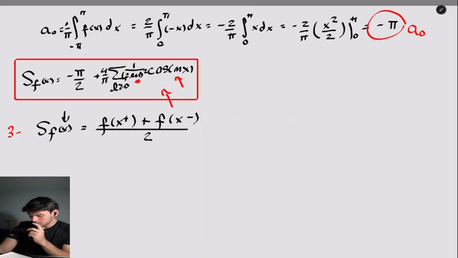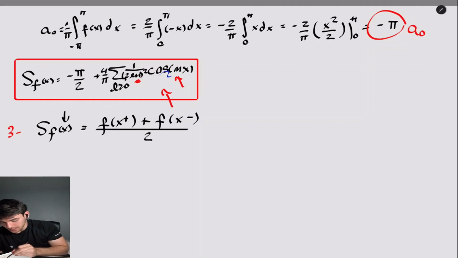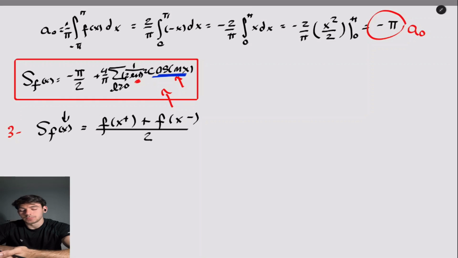So we need to choose a value for x. If we want the cosine to vanish, a good point is 0, because if we have x equals 0, we have cosine of 0, that's 1. So we'll only have the sum of 1 divided by 2L plus 1 squared, and that's exactly the sum that the question is asking for.